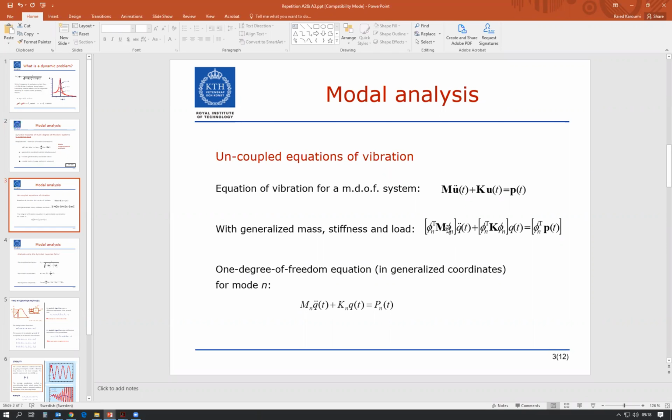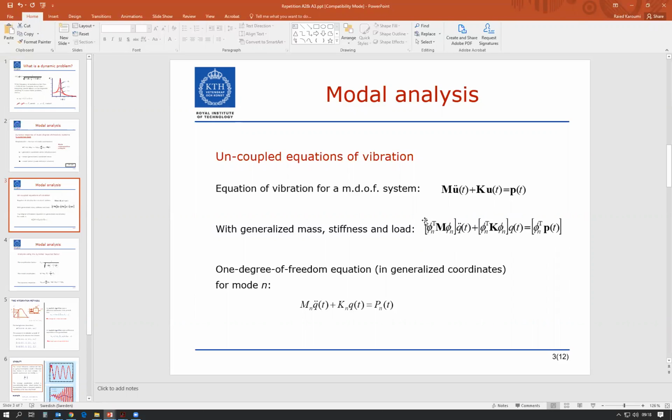And if you take the same, it will not be zero. So if it's the same, it will give what we call the modal mass, the modal stiffness, and here there will be the modal force. And if it's different, the contribution would be zero.